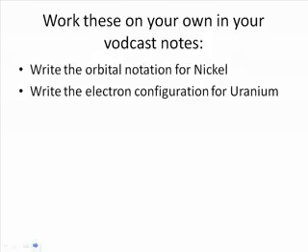How about arsenic? Okay. So do the orbital notation for arsenic and the electron configuration for uranium. And you may either do the full electron configuration or noble gas shorthand for that.